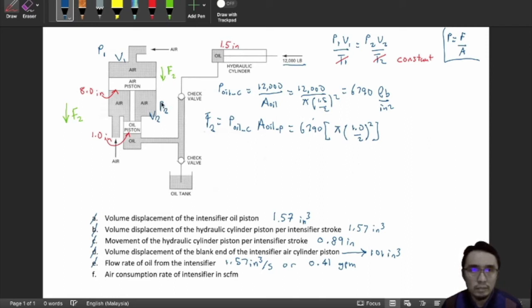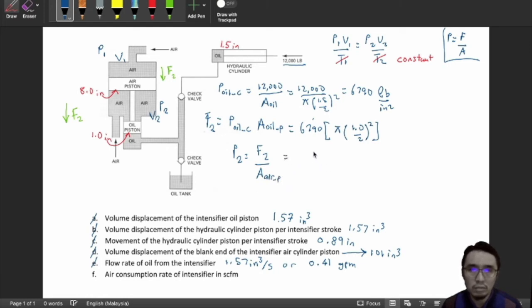So this P2 will just be again the force, which is F2, divided by, since we want to find the pressure required, the pressure that the air should have so that it can have this amount of force. So we can use this air piston value, F2 divided by this air piston.